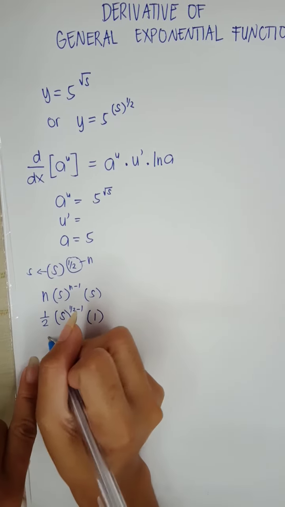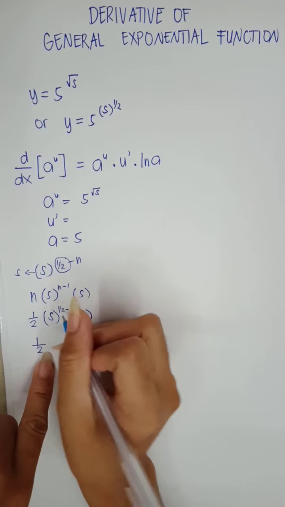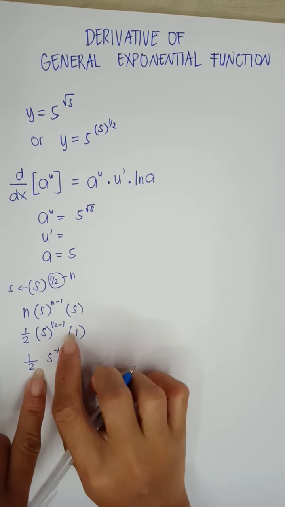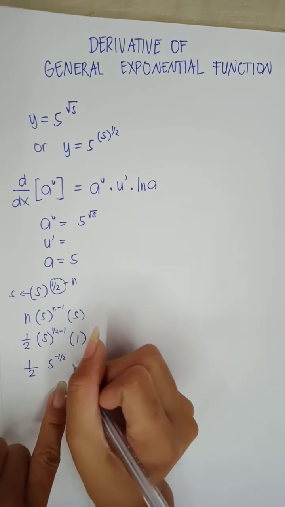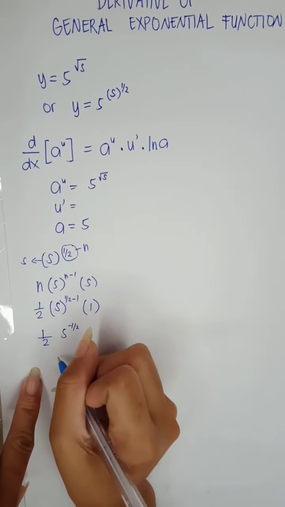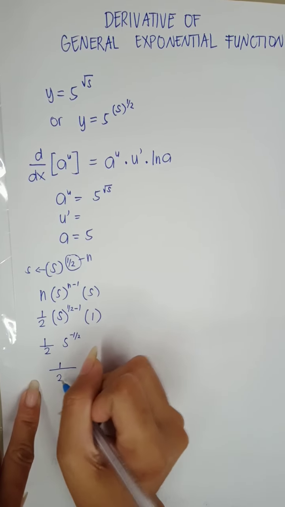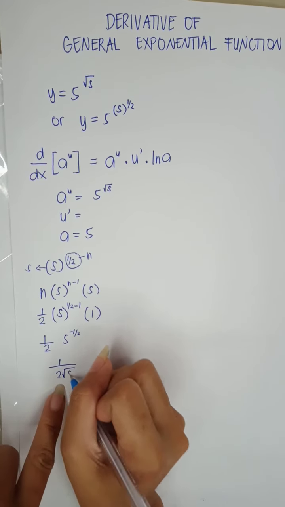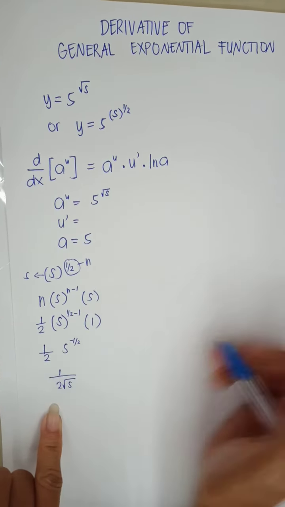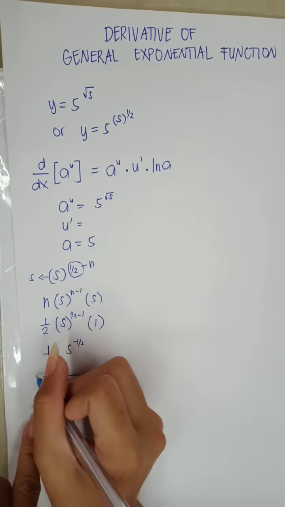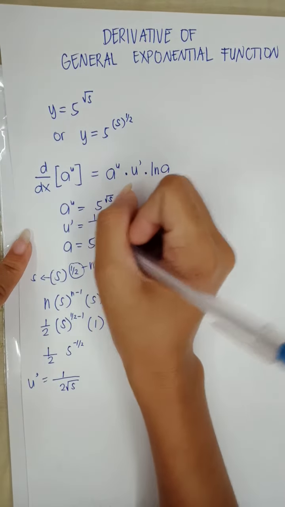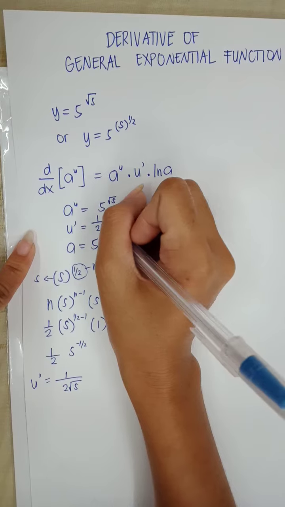So 1/2 s to the negative 1/2, because 1/2 minus 1 is negative 1/2, times the 1. So simply 1 over 2 square root of s, so that the negative sign would be gone. And that is our u prime, 1 over 2 square root of s.